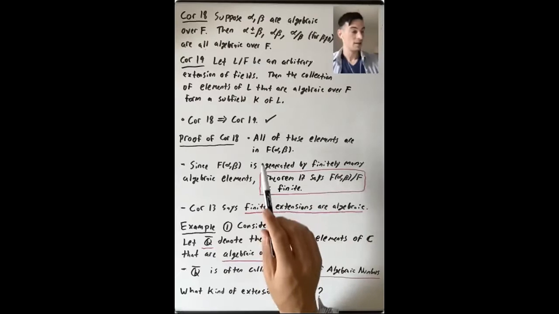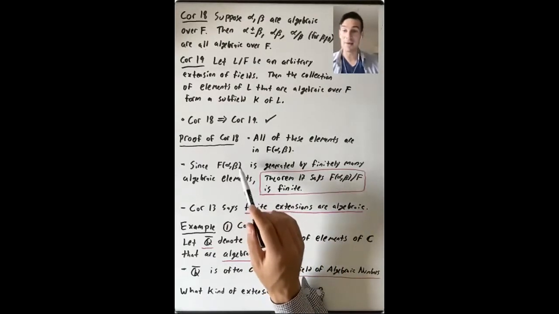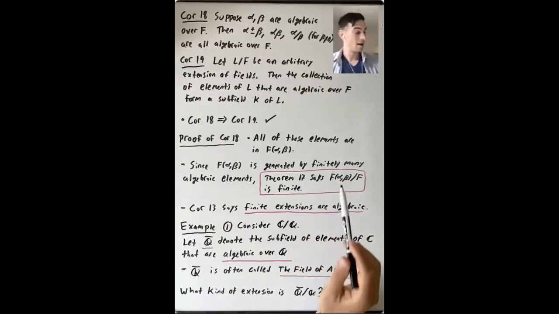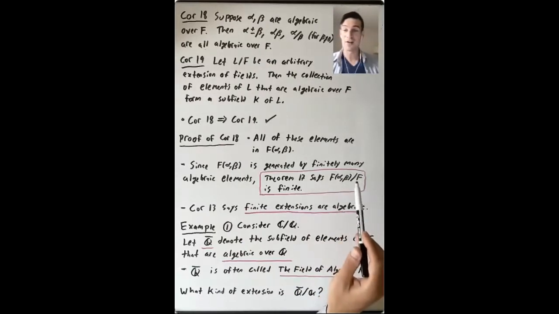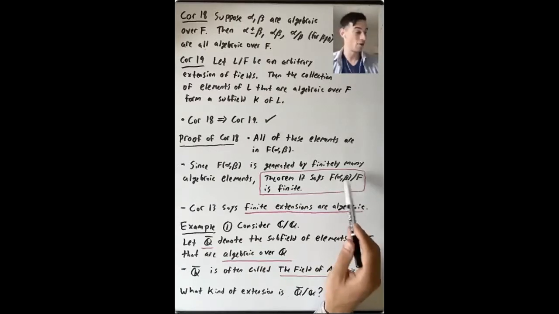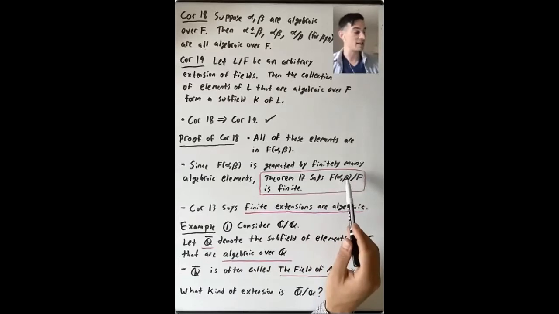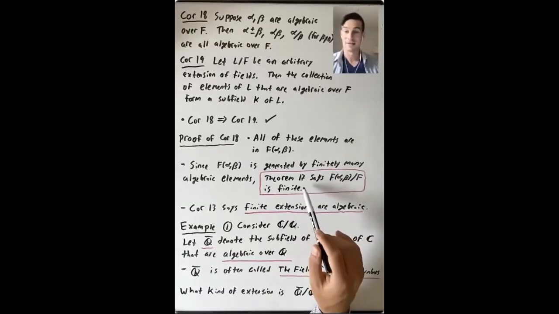Well, if alpha and beta are algebraic over F, then this field is generated by finitely many algebraic elements over F. And Theorem 17 says that a field extension is finite if and only if it's generated by finitely many algebraic elements over the base field. So Theorem 17 says that this extension is finite.